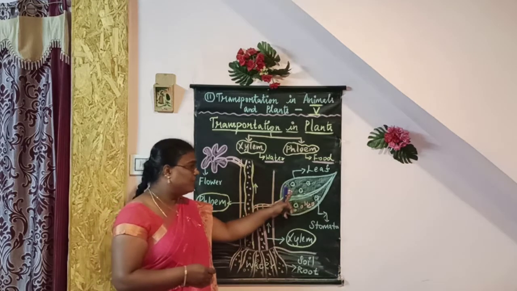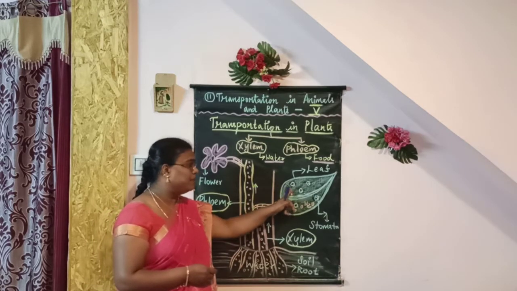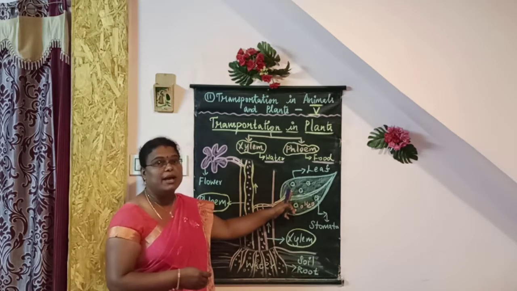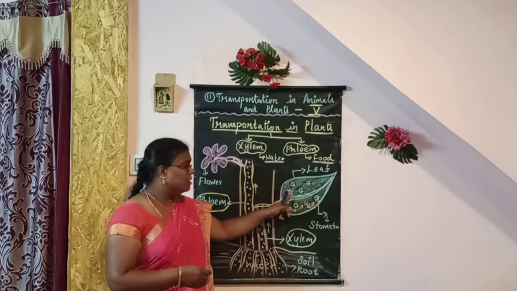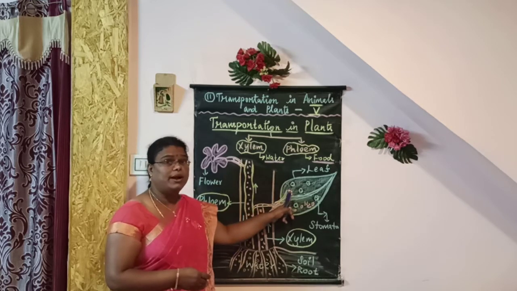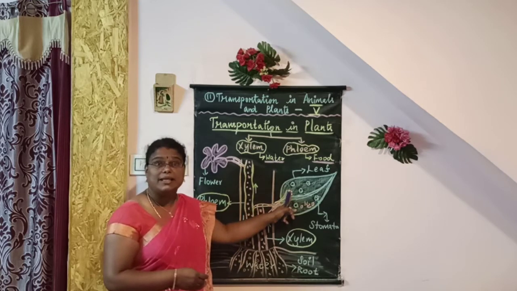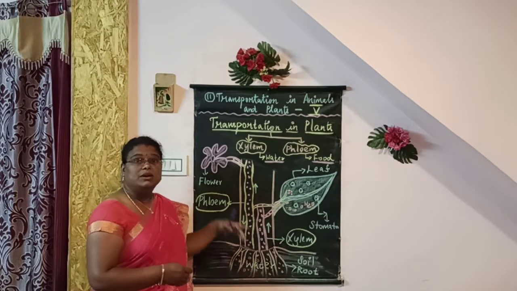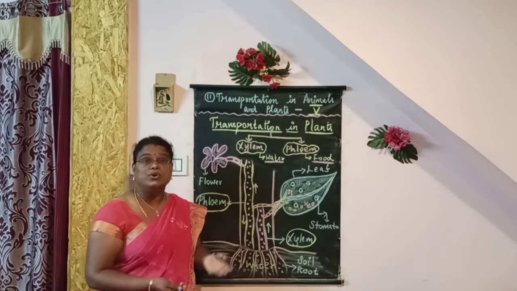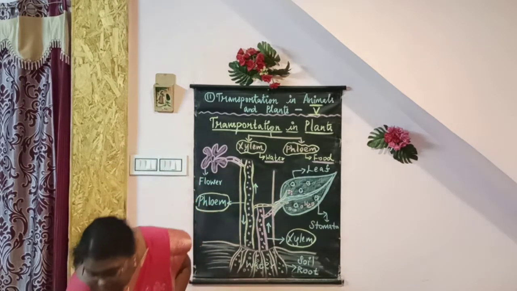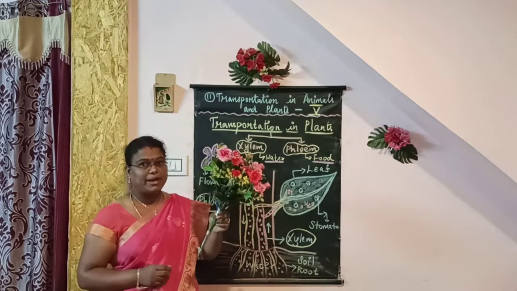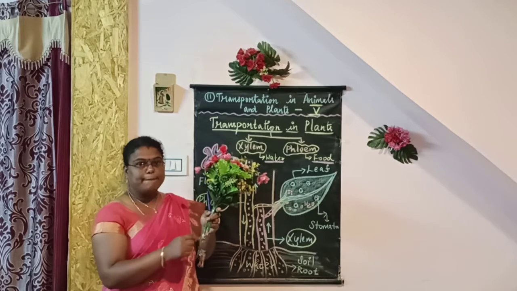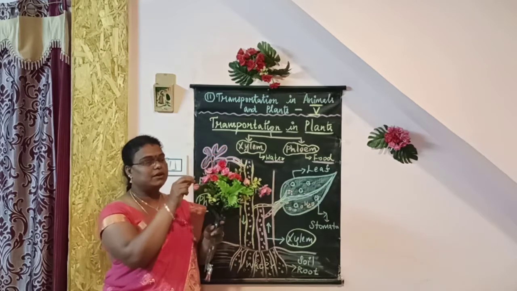So this food prepared by the plant should be transported to all parts of the body. And students, the green parts alone undergo photosynthesis. Other parts like flower, root and fruits cannot undergo photosynthesis. Imagine this is a plant: this is root, stem, leaves, flowers.